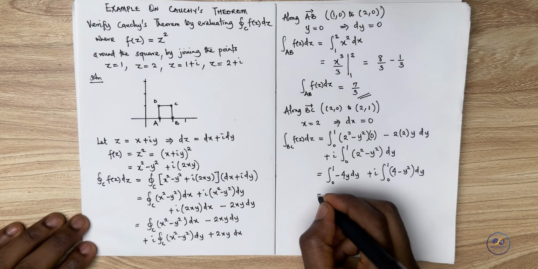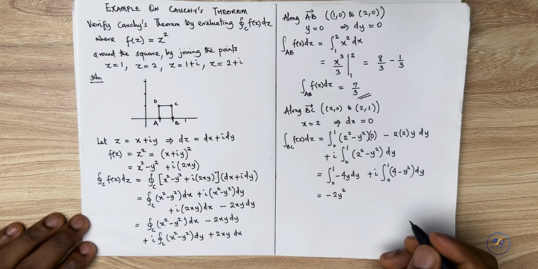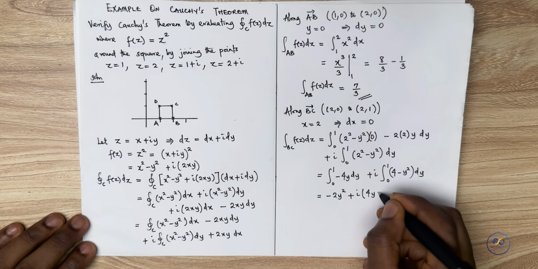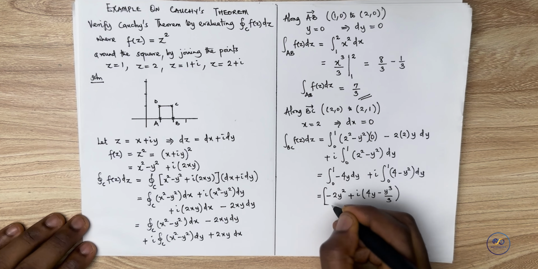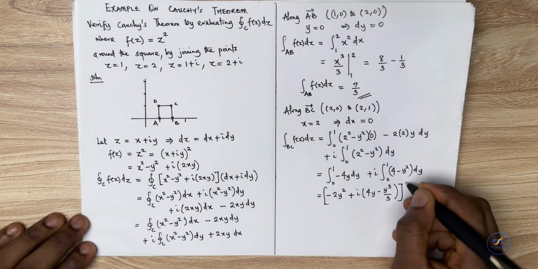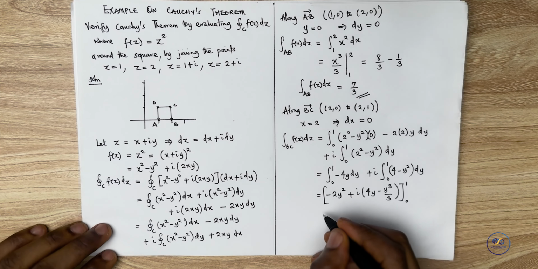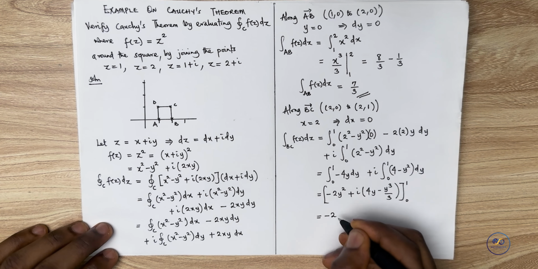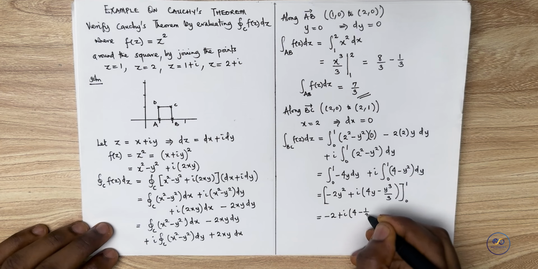So if we integrate this, of course, on this end, we're going to have minus 2y squared. And then here we're going to have plus i into 4y minus y cubed over 3, all of which is going to be evaluated from 0 to 1. Now, how do we solve? Upper bounds first, we're going to have minus 2 plus i into 4 minus 1 over 3.